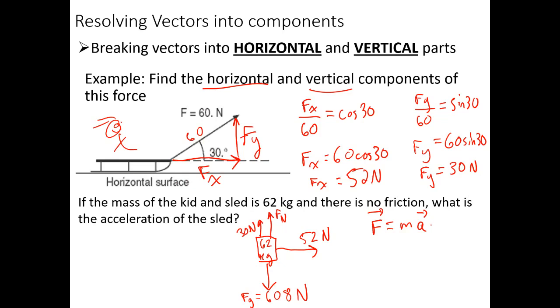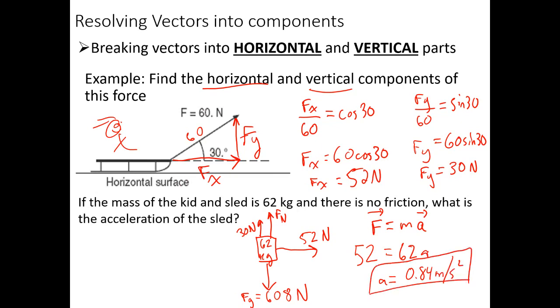So whenever you're using numbers in equations that are vector quantities, we have to make sure that those vectors are acting in the same direction. In this case, our acceleration is acting in the x direction, so I only want the net force that is acting in the x direction. In our case, it's just going to be 52 newtons. Our mass is 62 times a, so we can solve for the acceleration of this thing as being 0.84 meters per second squared.